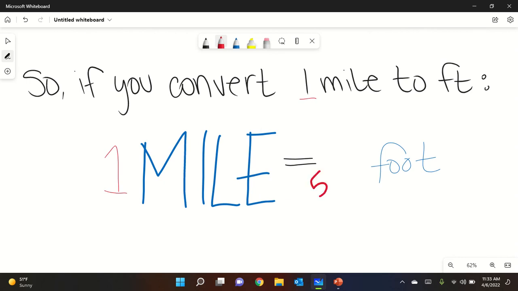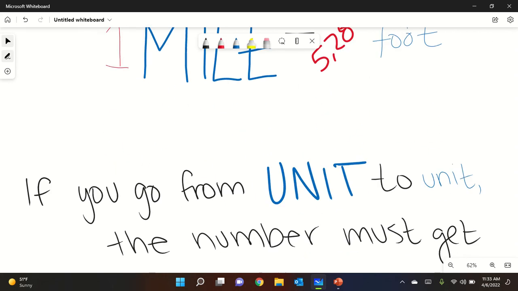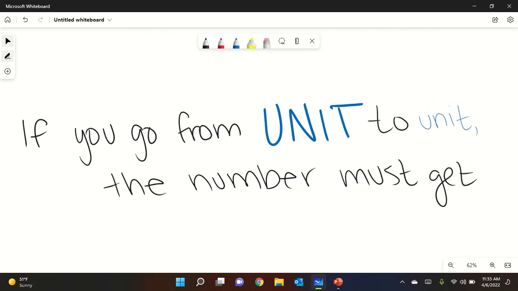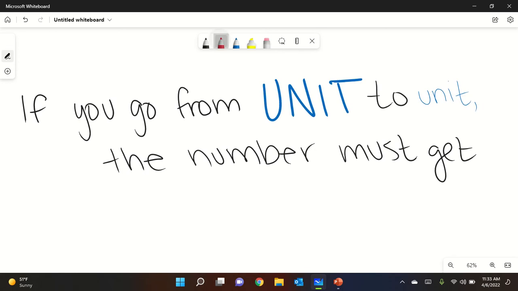So I'm going to have to write this a little bit sideways, 5,280. So if you go from a large unit to a small unit, answer this question for yourself before I write it down here. The number must get what? Larger or smaller? If you go from a large unit to a small unit, the number must get larger.